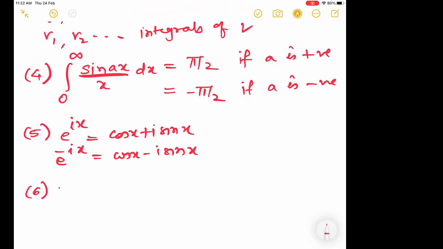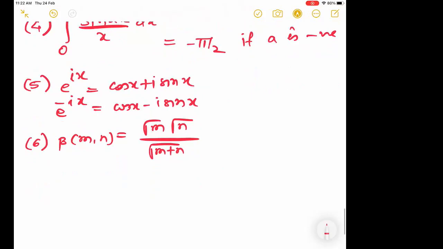So beta of m, n is equal to gamma of m gamma n upon gamma of m plus n. That's the result for the beta and gamma relation. This is the gamma notation.